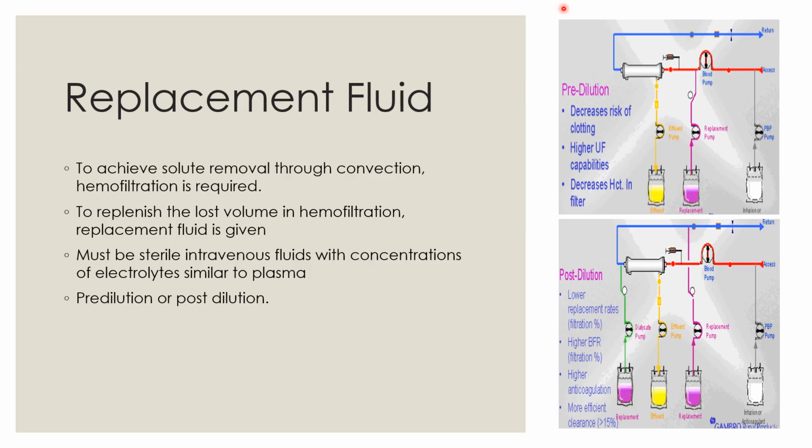And post-dilution means that the replacement fluid is returned to the blood after the filter but before the return side of the access catheter. Pre-dilution dilutes the blood in the filter, reducing the clotting, while post-dilution concentrates the blood in the filter, enhancing clearance.